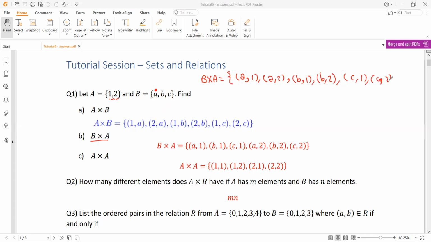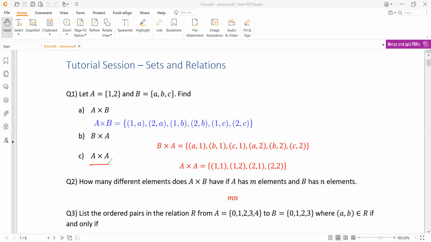So the number of elements generated inside the set is still the same, but the value, the order differs according to which set is written first and which set is written after that, okay?